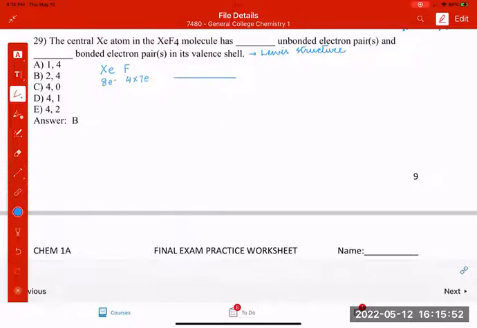So 7 4s are 28. 28 electrons are coming from fluorines. 28 plus 8. How much is that? 36 electrons total.